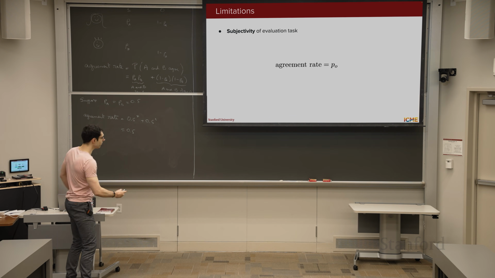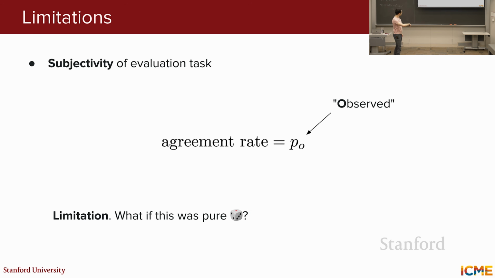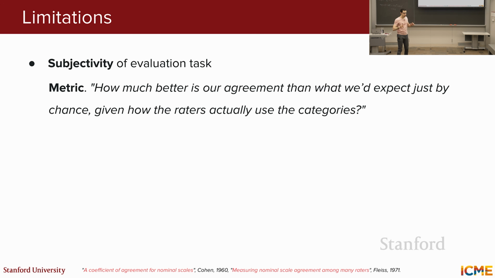So for this reason, people have come up with a series of metrics that try to make it more relative to this baseline, which is what would happen if our raters would choose things kind of randomly.